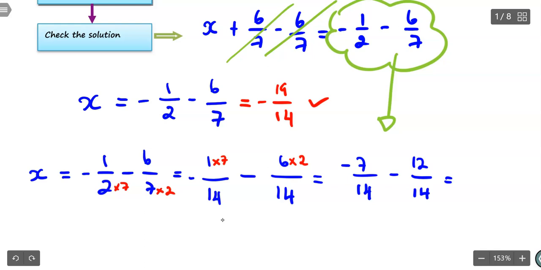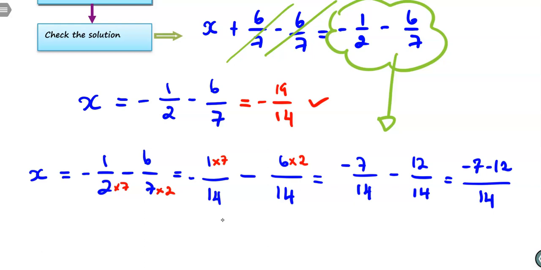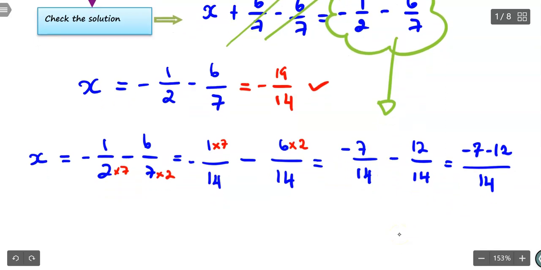This will now be negative 7 subtract 12 over 14, because when you add or subtract fractions, you must have common denominators, and then you just perform the operation on the numerators. So in this case, my answer is negative 19 over 14, exactly the same as I got on the calculator.